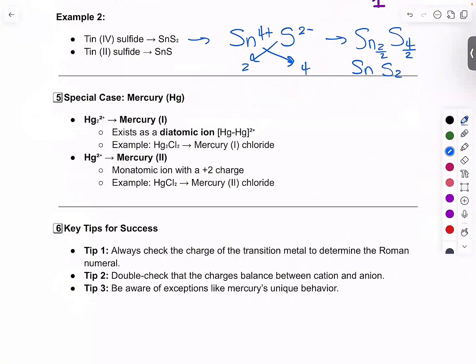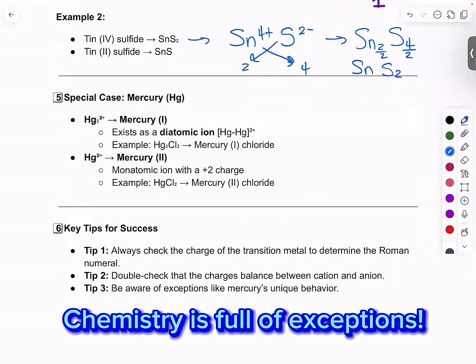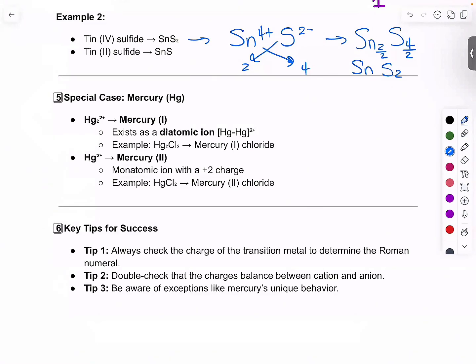There's always a special case, every category, right? No matter what. I look at exceptions. So we do have these 2 special, we have Hg₂ 2+, and simply Hg 2+, okay?